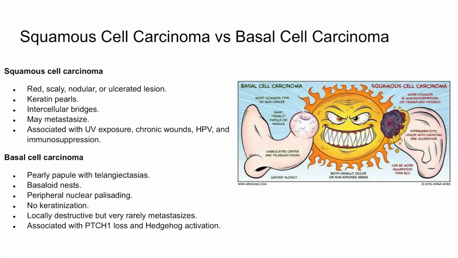Histology shows basaloid nests with peripheral palisading and stromal retraction without keratin pearls. Basal cell carcinoma is linked to PTCH1 loss and hedgehog activation, and both tumors can be locally destructive, but metastatic spread is considerably more characteristic of squamous cell than basal cell. And you can just remember that, squamous spread.